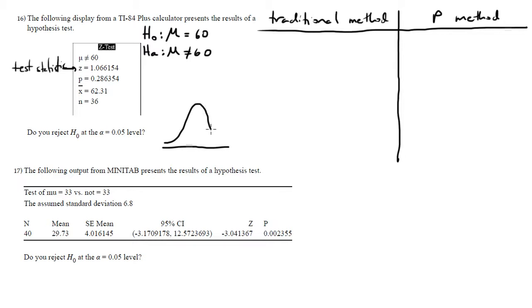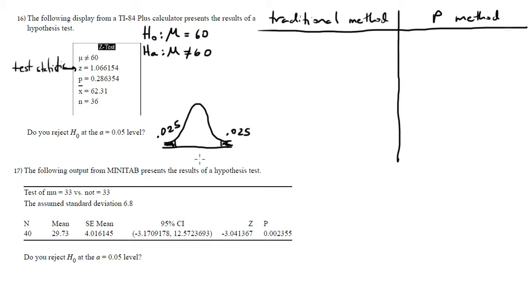This is going to be a two-tailed test. How do I know that? The mean is different from 60, or the mean does not equal 60. So that can happen in either of these two sections. In order to find that critical value, I need to divide this alpha by 2. 0.05 divided by 2 is 0.025 and 0.025.